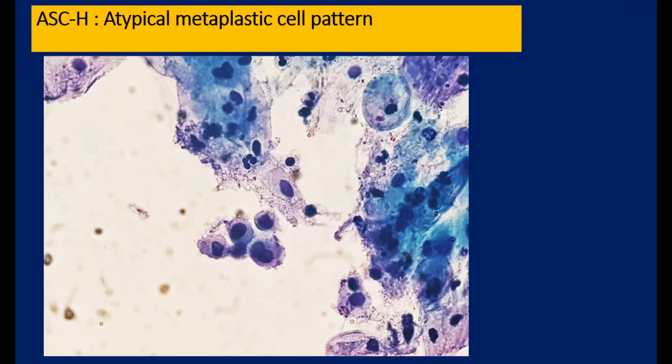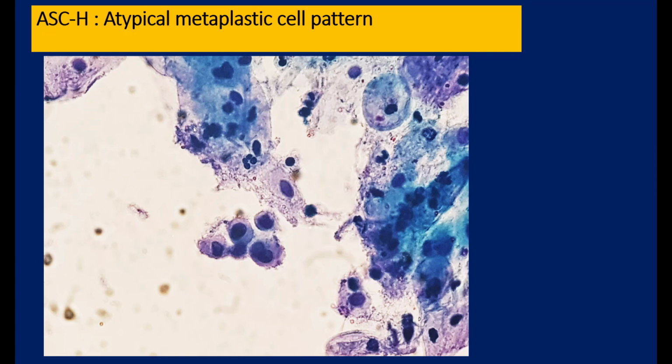So in the atypical metaplastic cell pattern, we have a few of these cells which are metaplastic cells. They show some degree of hyperchromasia. Because of the projection possible, it looks a little bit more hyperchromatic than it really is. The nuclear membrane is not that irregular. We are not confident enough to call it HSIL.